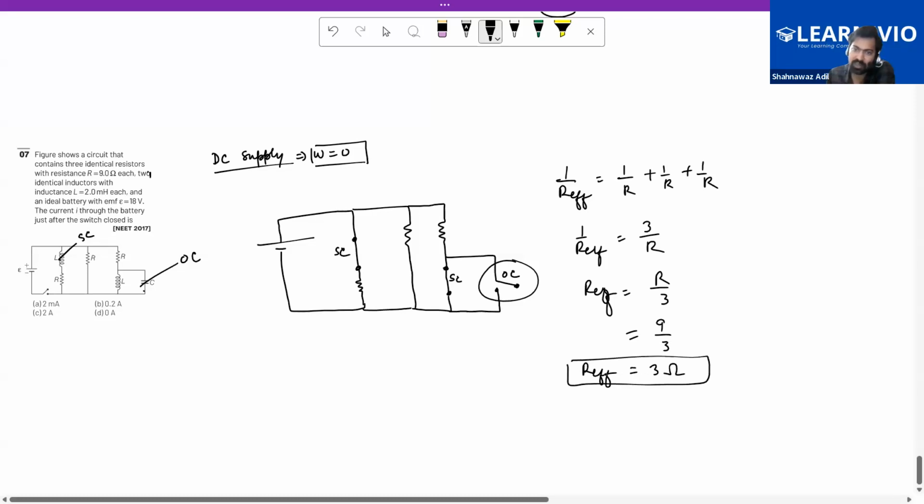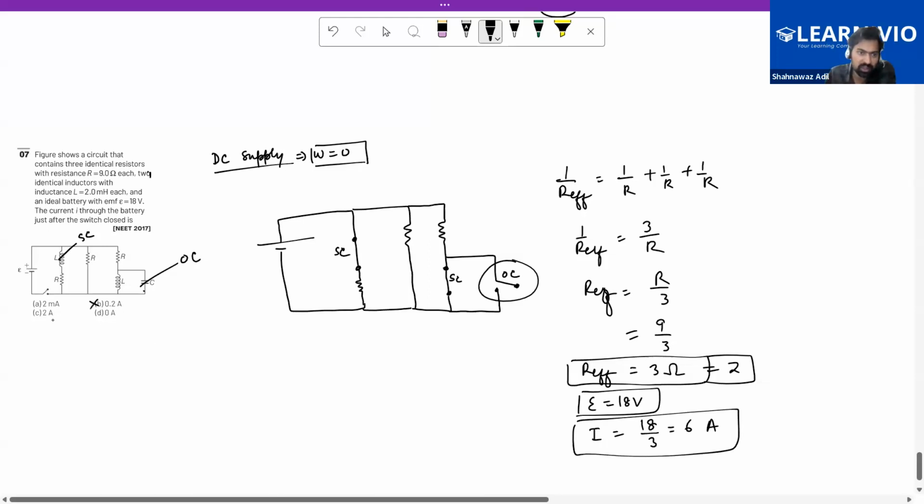This is the impedance, which is R. And then we have the EMF, which is 18 volts, right? So we can calculate the current. Current is 18 by 3, so that would be 6 ampere. There are no options for this, so this question was wrong. Yeah, this is the answer to this question.